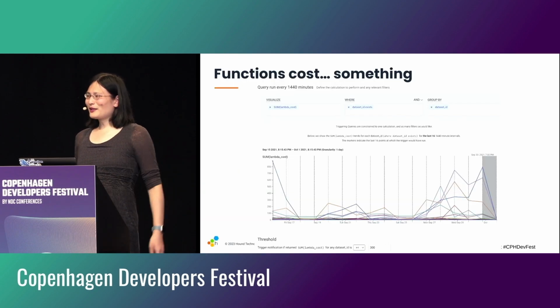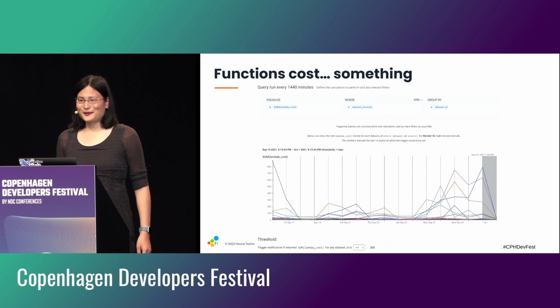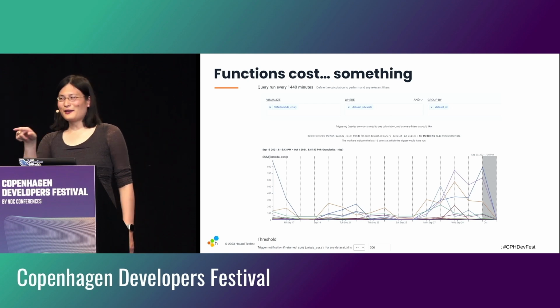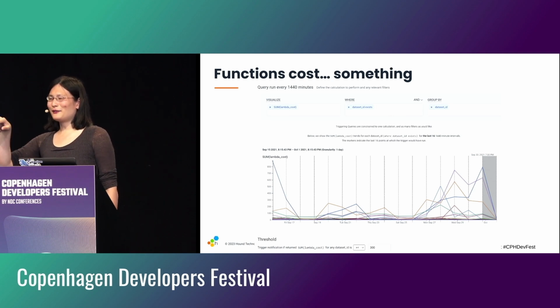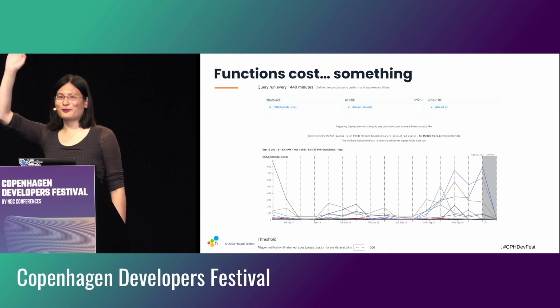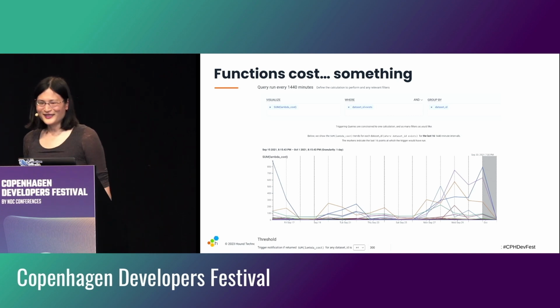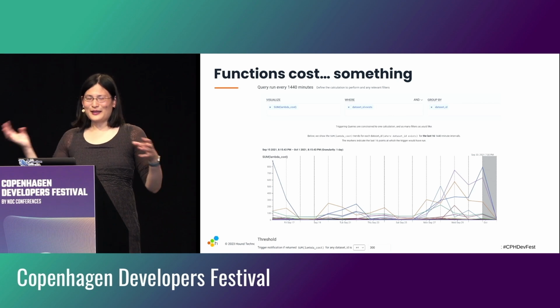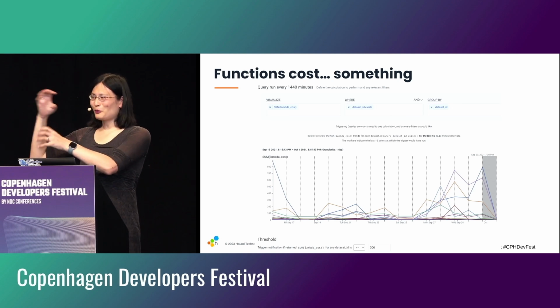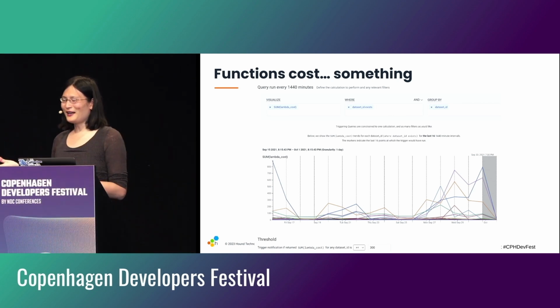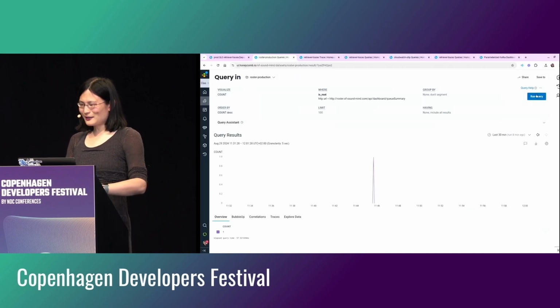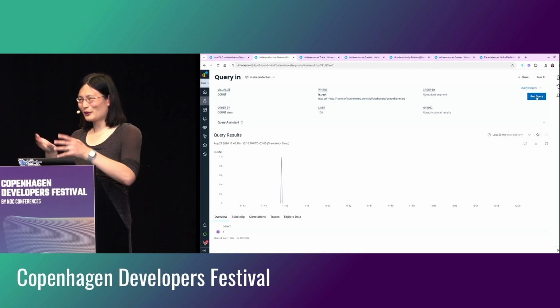But it is still something that we keep an eye on, because how many of you have ever accidentally set off a Lambda that set off another Lambda that then called the first Lambda? How many of you have ever created a Lambda loop? Yeah, those are no fun. We don't have Lambda loops because our Lambdas are not capable of invoking other Lambdas, but something might go wrong and someone might run a query and think, oh, that's taking a while, and press run query again, and again.